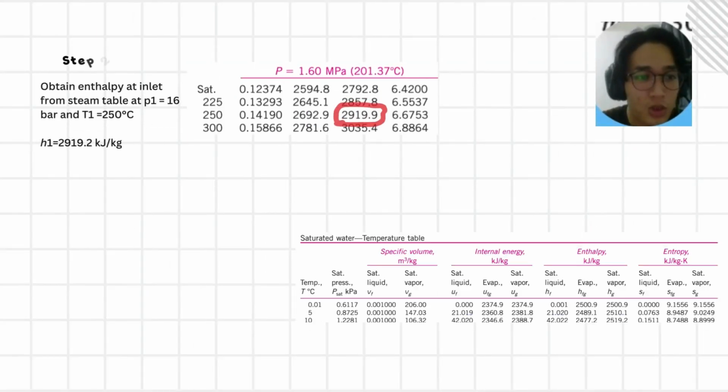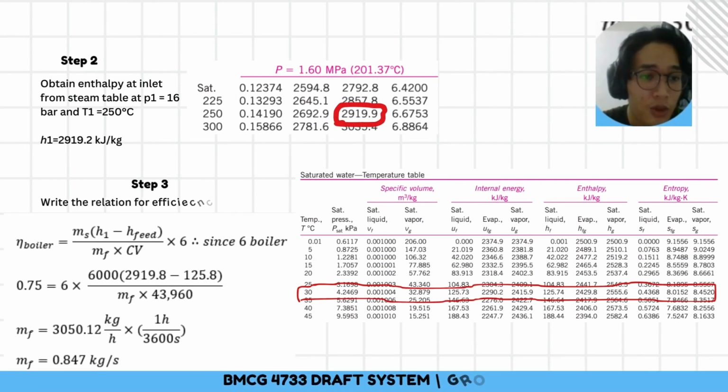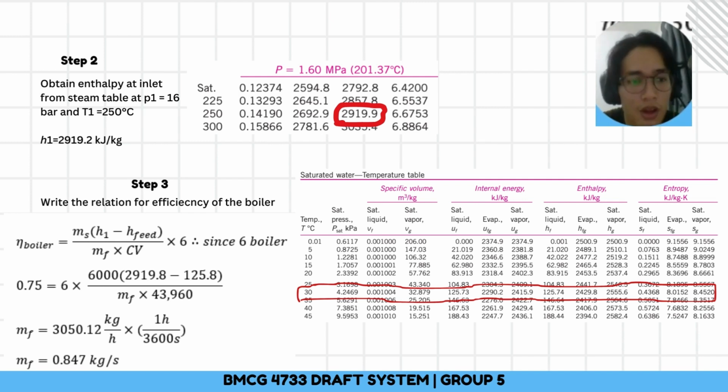The next step is to obtain the enthalpy at inlet from the steam table, which is P1 equals 60 bar and T1 equals 250 degrees C. Thus, by referring to the table, we get H1 equals 2919.2 kilojoules per kilogram. The next step is to write the relation for efficiency of the boiler.